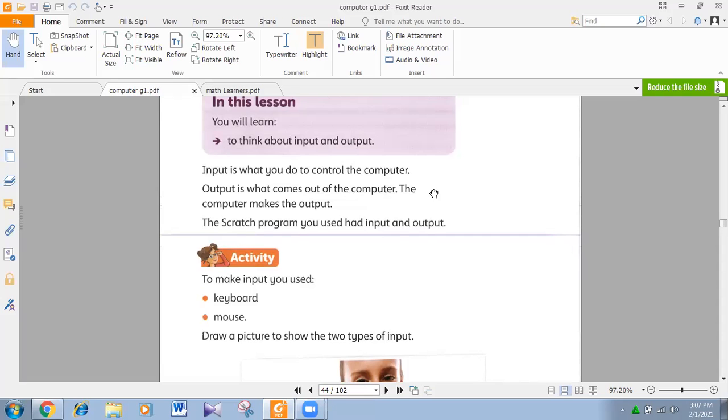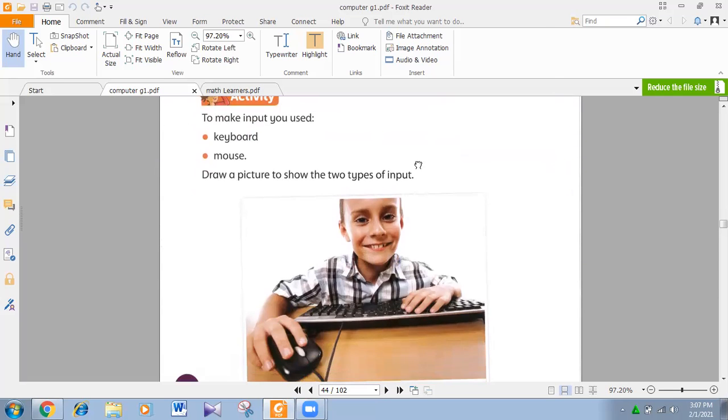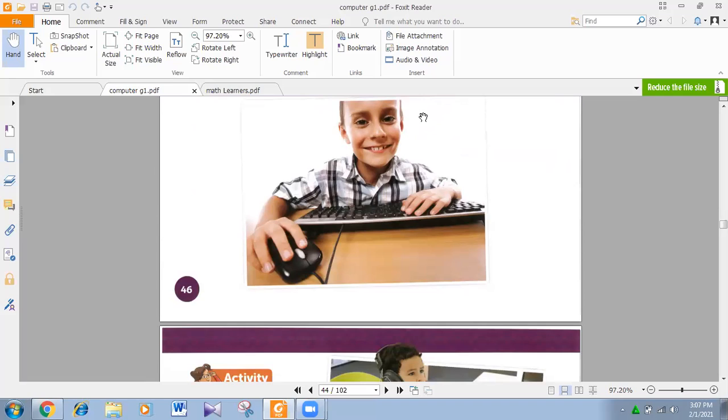Okay, activity. To make input, you use keyboard, mouse, draw a picture to show the types of input. So there are many different types of input. Some of them I have told you: scanner, my speaker, not scanner, and mic is input device.